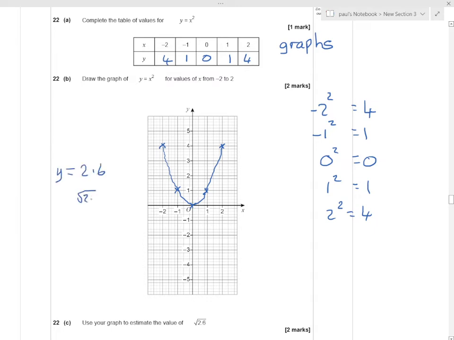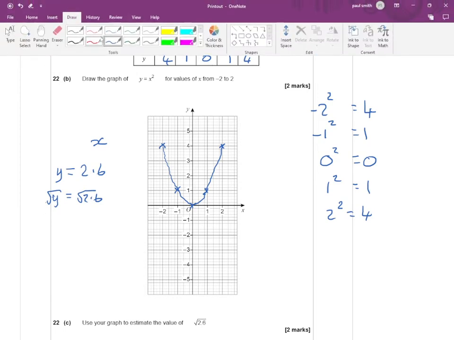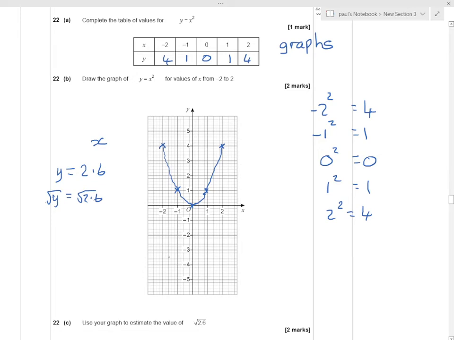So the square root of 2.6 will be equal to the square root of y, wouldn't it? Yeah. So this is the x. So we've got x squared, because the square root of 2.6 squared is just 2.6. So when y equals 2.6, we can find out what x is.